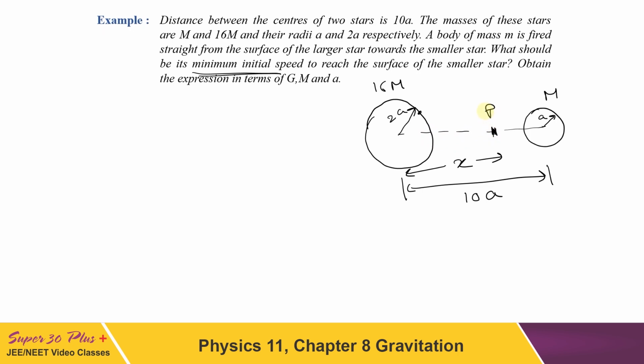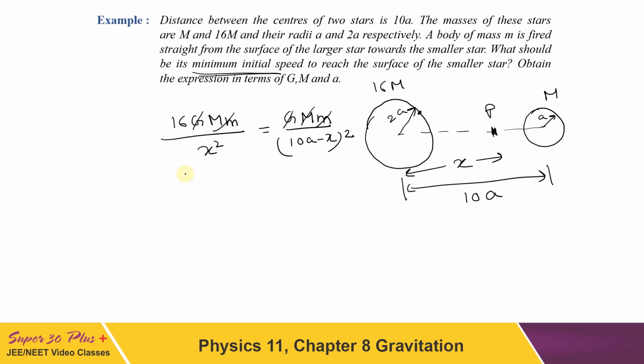Let us now write, because at point P, gravitational forces due to both the stars have to be the same. So we can write 16 GMm upon x square to be equal to GMm upon (10a minus x) square. On solving, all these terms will get cancelled.